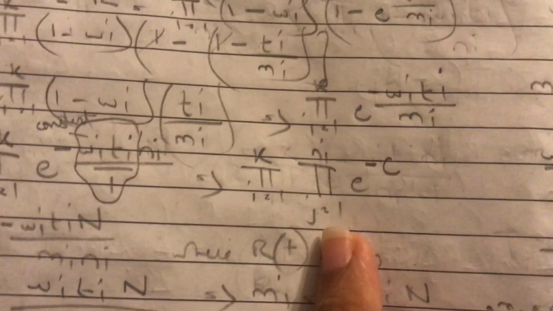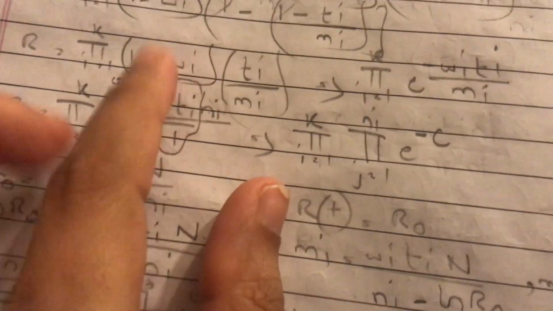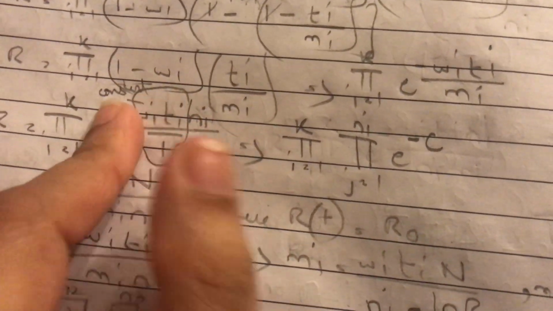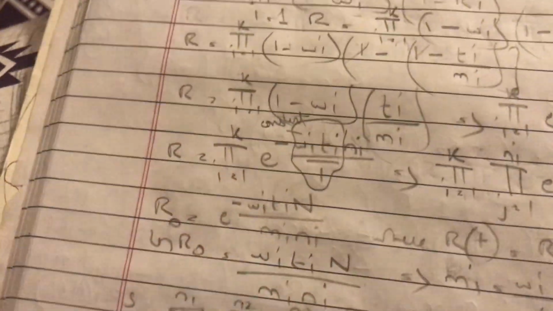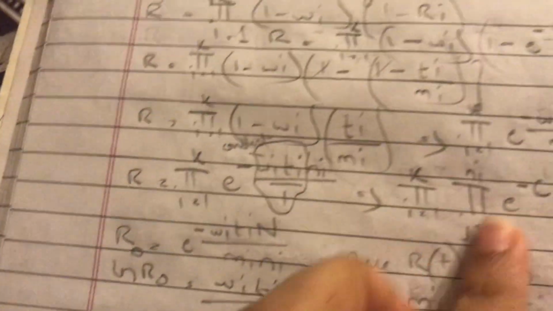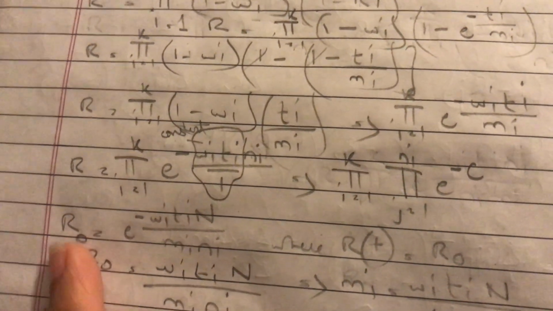So in series you have the product of all the components, so j going from 1 to Ni, and e to the minus c comes from here. We write it like this because we already said that this thing is a constant, so this c represents the constant. And all this is the equation for R of t, reliability at time t. And now what's next? Now we are coming towards R0.